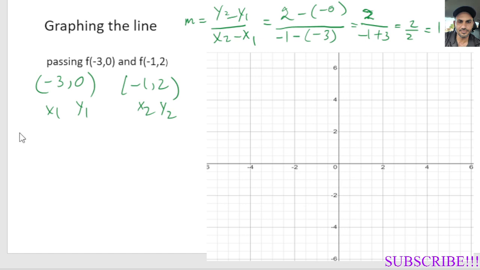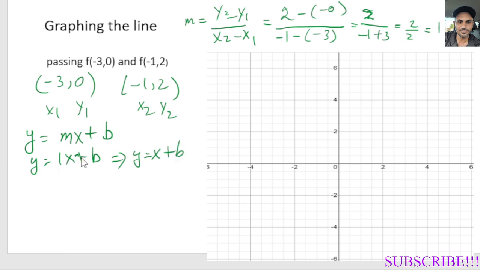All right, and once we know the slope, we can write our slope-intercept form, y equals mx plus b. And we can plug in the slope here. y equals 1x plus b. I just plugged in the slope for m, so this becomes y equals x plus b.